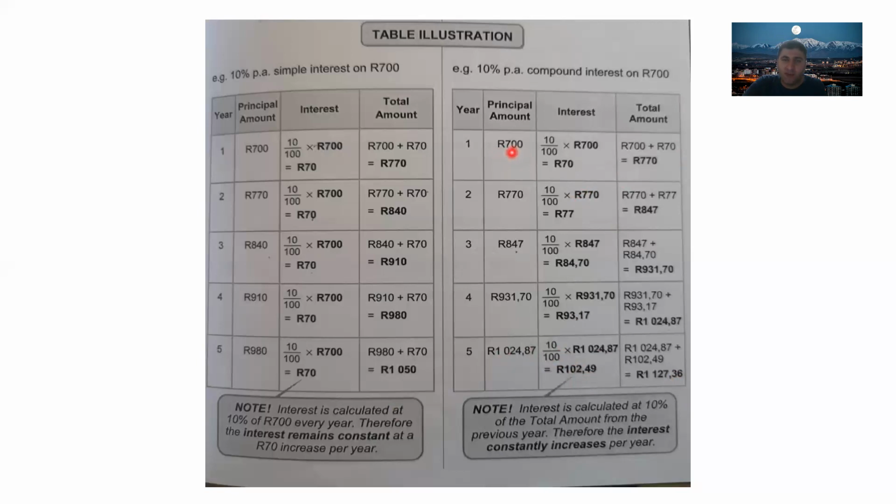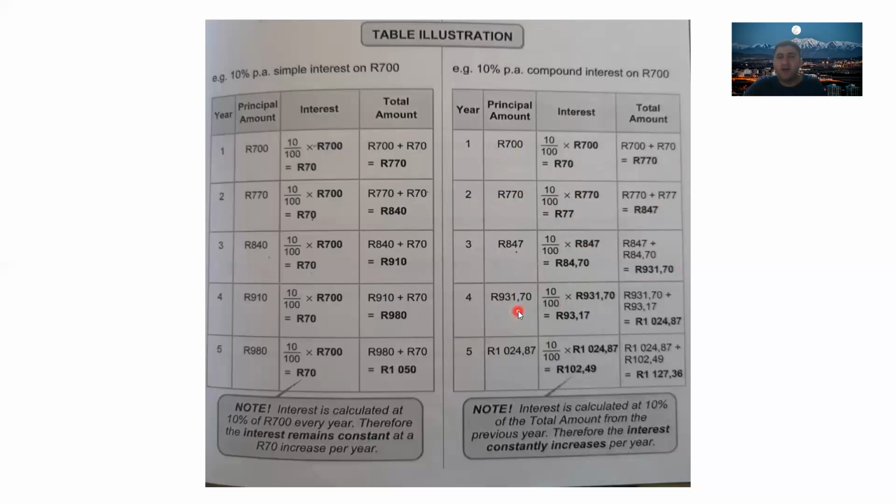Look at here, we start with 700 Rand. At the end of the year, I have 770 Rand. I come to the second year, I look at how much money I have in my account, 770. I take 10% of this, then it becomes 847 at the end of the second year. I start with the third year. How much money do I have? 847. Now I'm going to take 10% of this. Now I come to the fourth year.